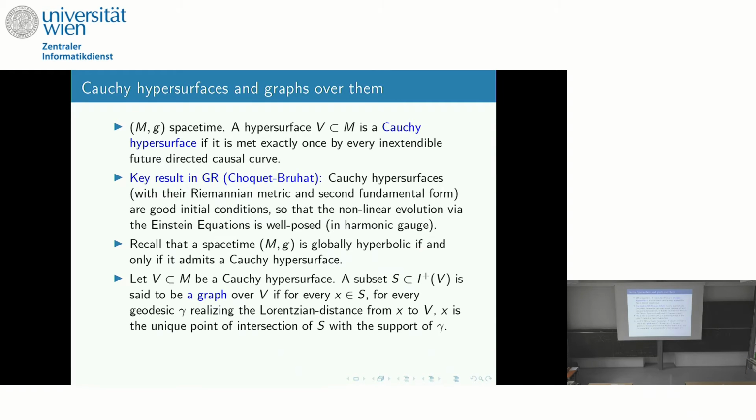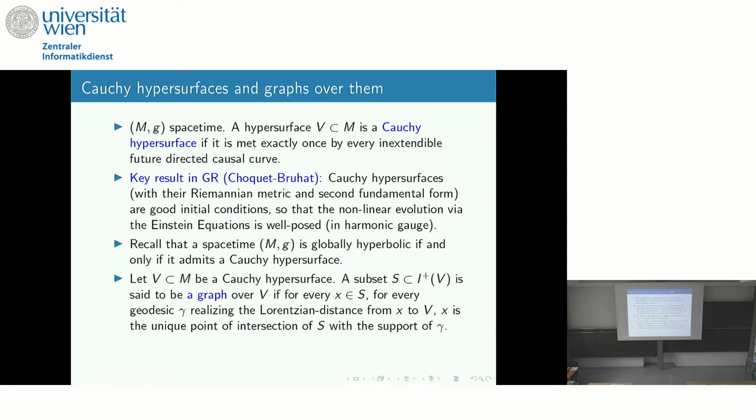Now, given V a Cauchy hypersurface in M, a subset S in the future of this Cauchy hypersurface is said to be a graph over V if for every point in this subset, for every geodesic which realizes the Lorentzian distance from this point to the set V, this point is the unique point of intersection of the subset with the support of gamma.